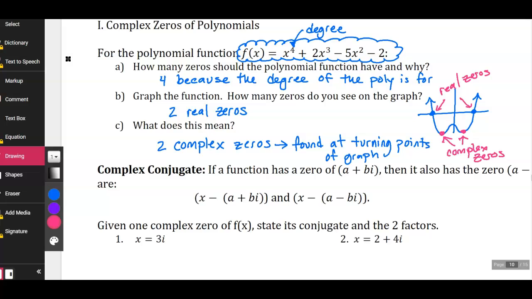If they hadn't been there, there wouldn't have been a turning point, and this would have just been a quadratic. All right. So then a couple of things before we go and try to find our complex zeros.